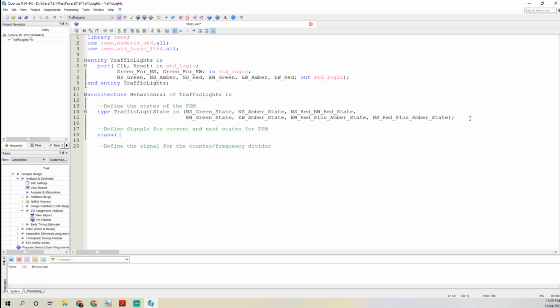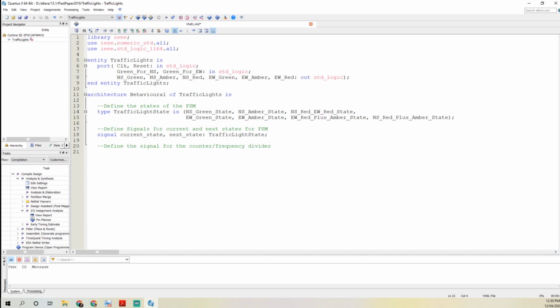So I'm going to have signal current state and next state. These are of type traffic light state. Right? And that defines our state signals, and that's going to determine the transition to the next state, what state I'm currently in. It's going to help with our state transition logic, okay?